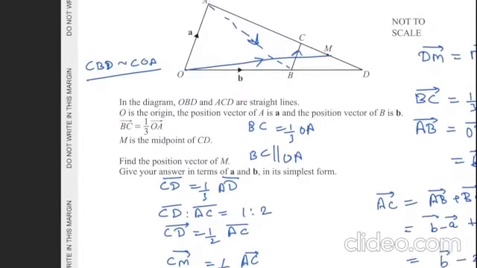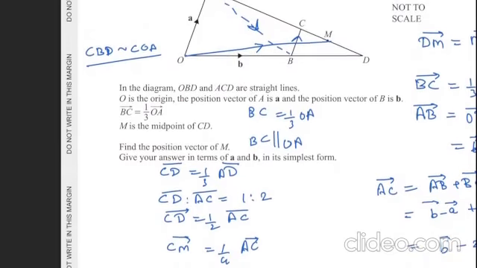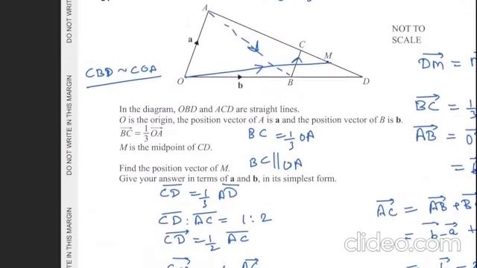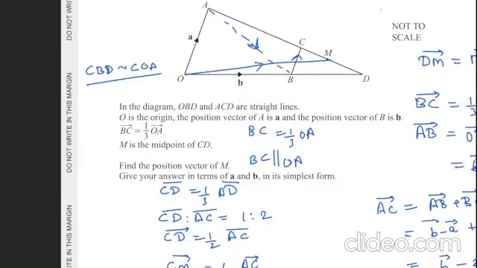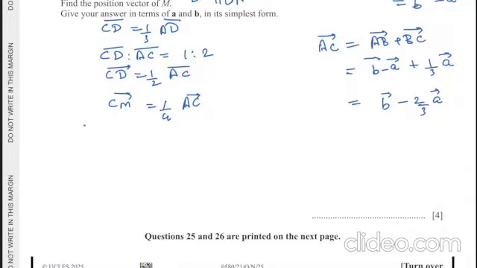Now in the OAM triangle, we have to apply the triangle rule. So OM will be equal to OA plus AM.